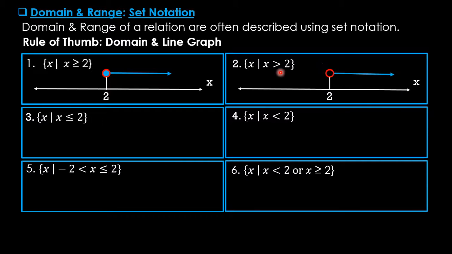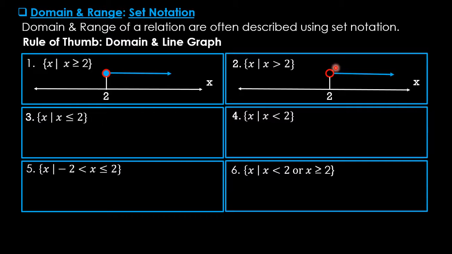But in the case of the set of all x greater than 2, this point is not solid. In the previous case it was solid because it was x greater than or equal to 2, which means the domain includes the point x equals 2. But this domain does not include the point 2. It is only above 2, or only when x is greater than 2.